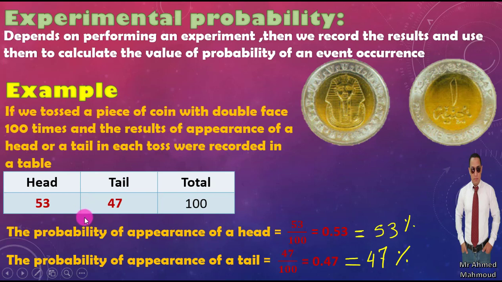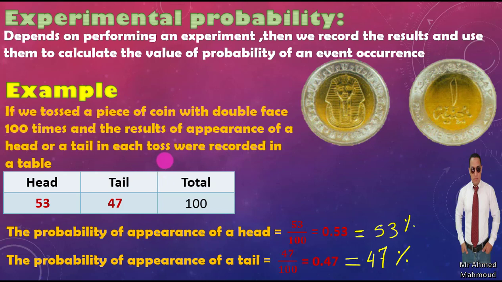By using the rule, the probability of head equals head over total, and the probability of tail equals tail over total. So experimental probability depends on making an experiment.